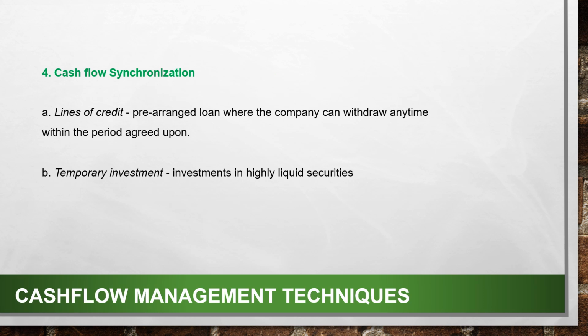Okay, so another way is to synchronize cash flow. One way to synchronize cash flow is through lines of credit. Lines of credit are a pre-arranged loan where the company can withdraw anytime within the period agreed upon.